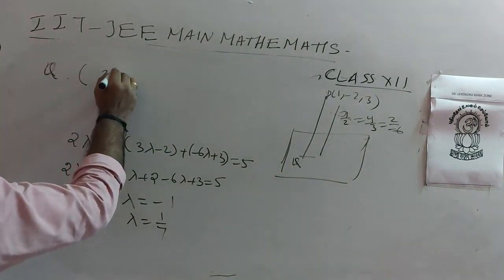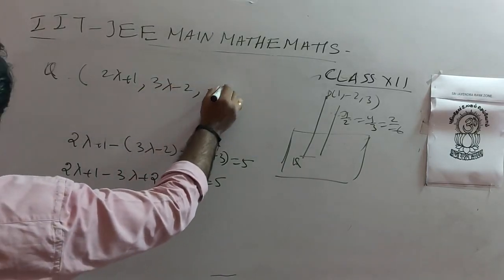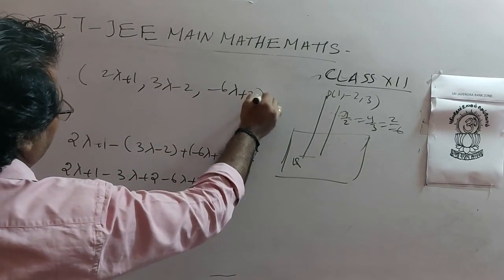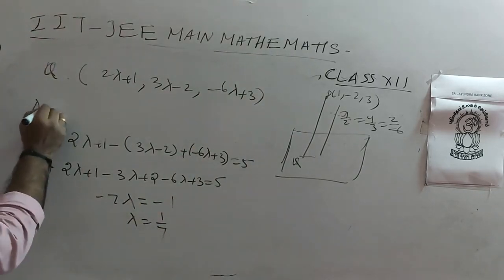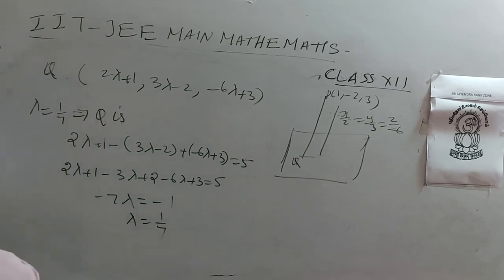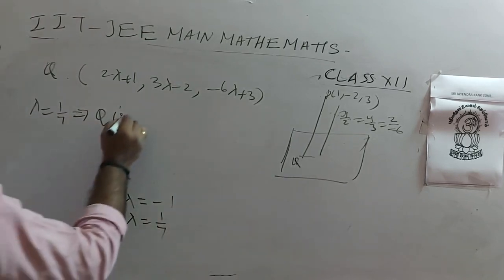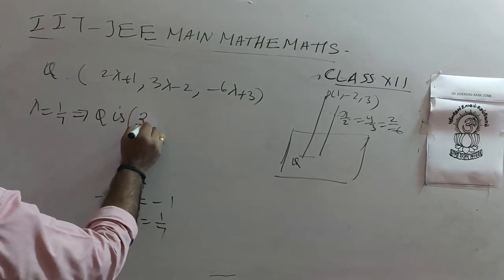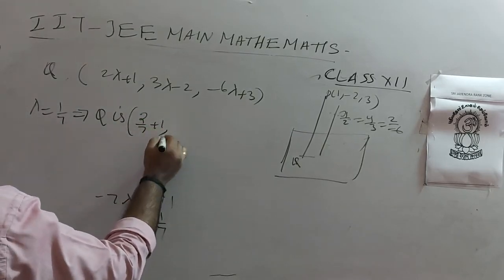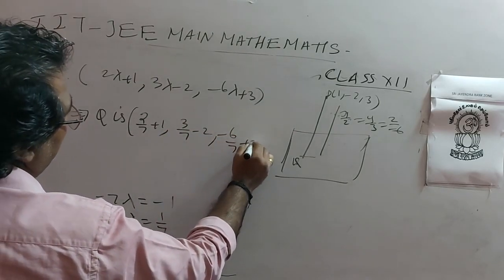Q is (2 lambda plus 1, 3 lambda minus 2, minus 6 lambda plus 3). Lambda equal to 1 by 7 implies Q is (2 by 7 plus 1, 3 by 7 minus 2, minus 6 by 7 plus 3).